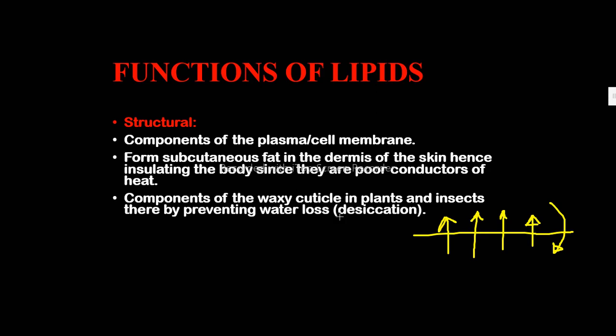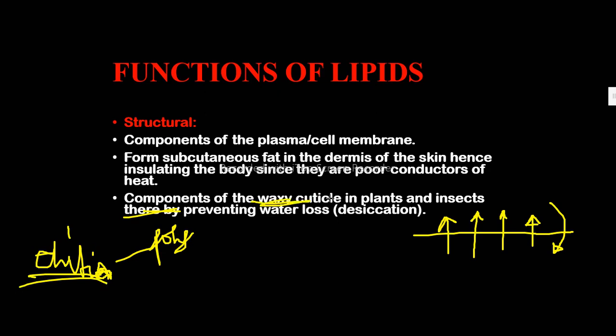Even in insects, yes, the insect skeleton, I was trying to challenge you that it's made up of cuticle, chitin. And chitin is a polysaccharide, we saw that. But within these chitin layers, you deposit wax.